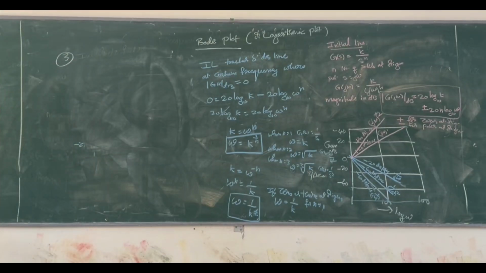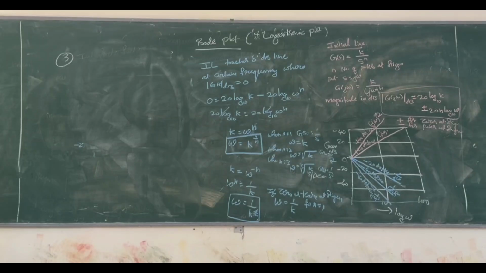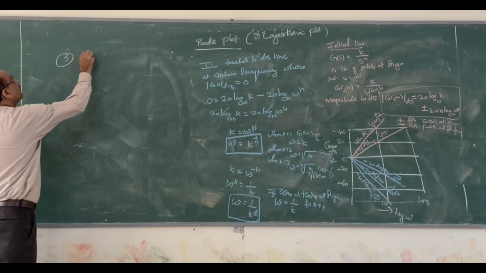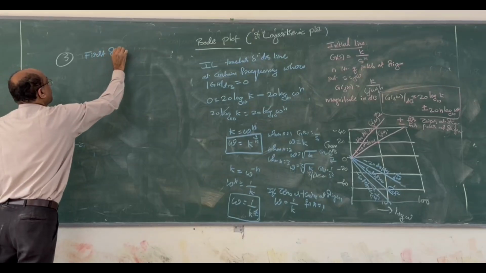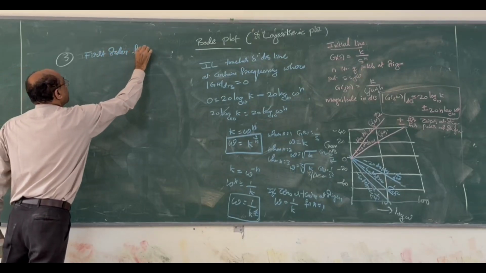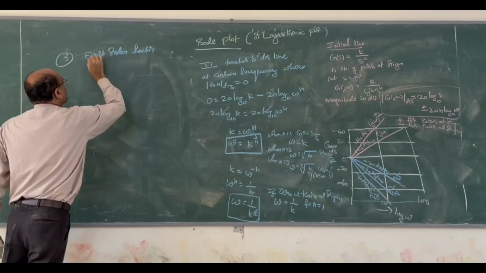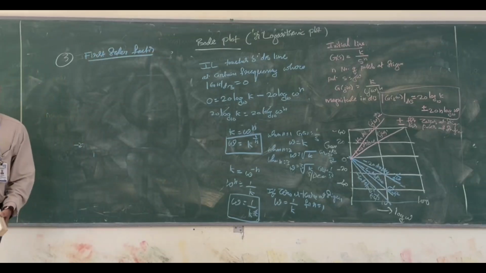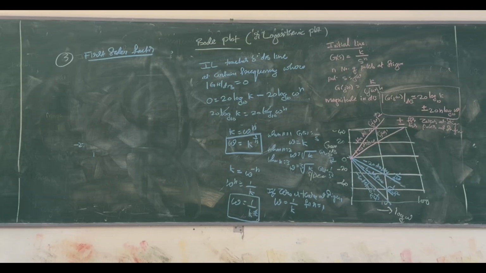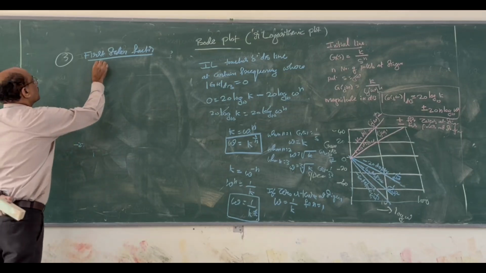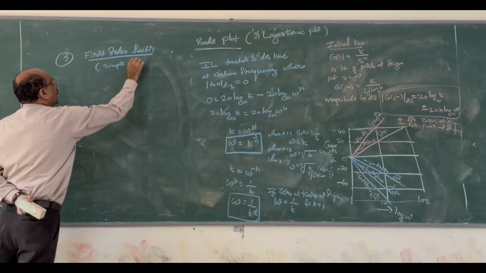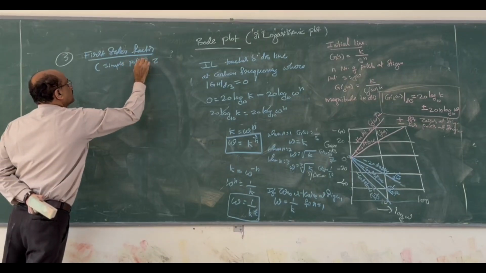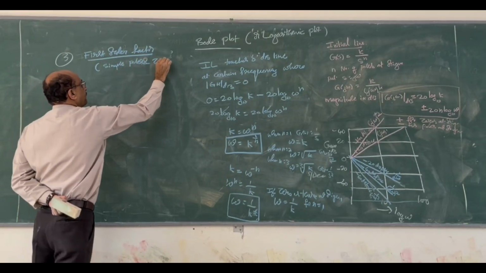So we will go to the first order factor. First order factors are also called simple poles and zeros.